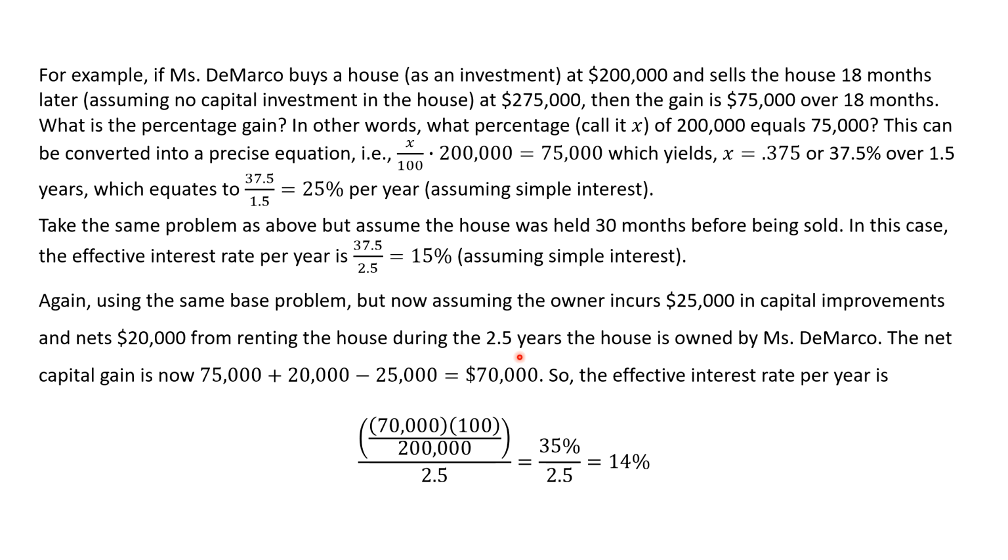So in that case, the net capital gain would be $70,000. We would put that into this equation here, and then solve for X. That's what I have here. I kind of bundled it all together.